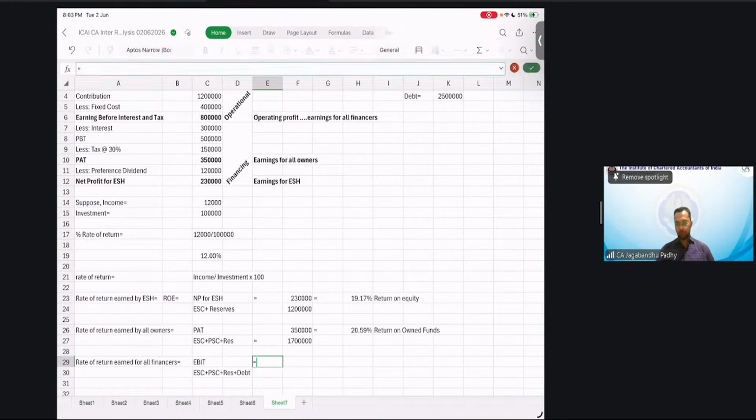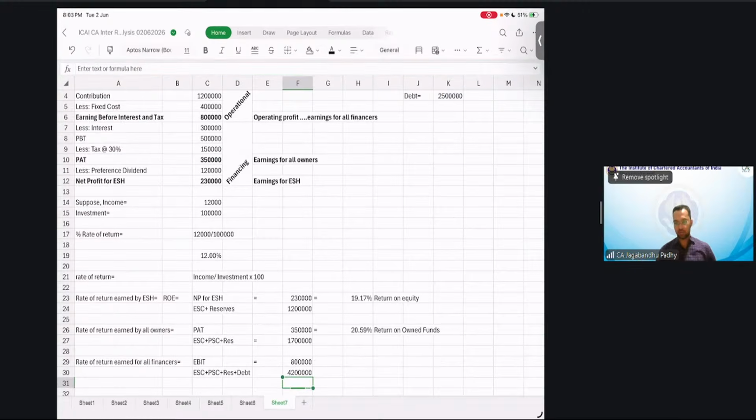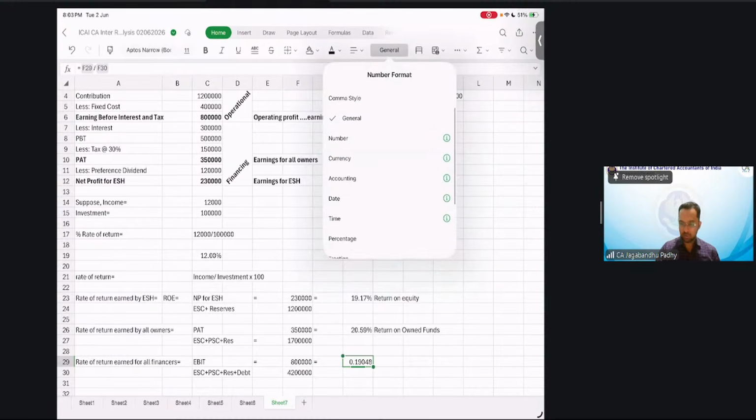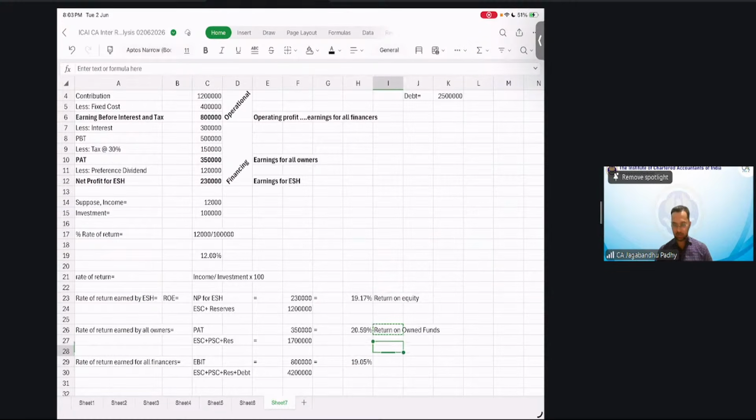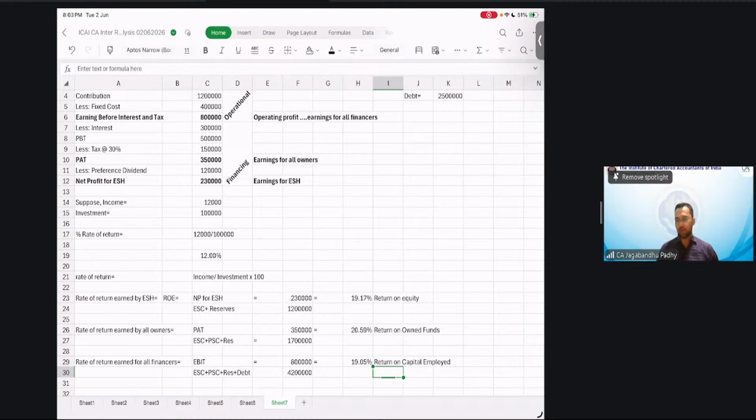Okay. So EBIT is 8 lakh upon equity share capital plus reserves plus preference share capital plus debentures. This translates to 19.05%. And this is called return on capital employed.